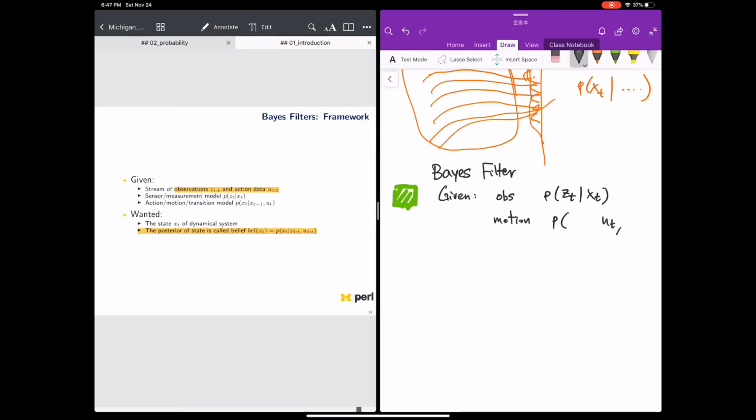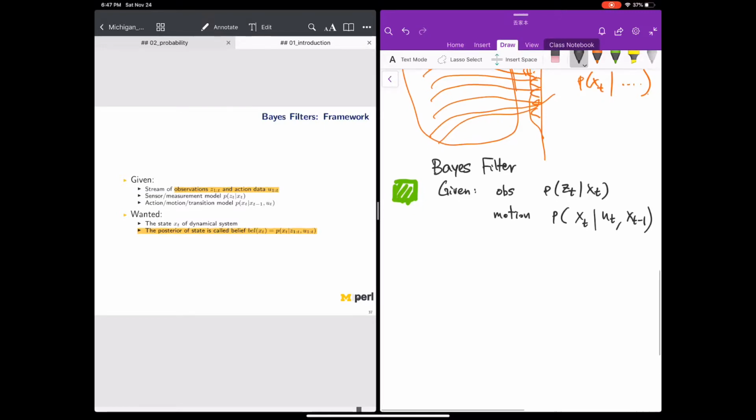Based on my action and my previous state, what is going to be my state without any correction, okay? So we were trying to find the goal of the belief, which is just a fancy name of a posterior.